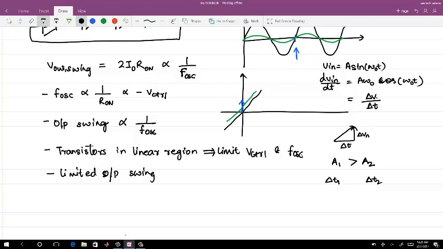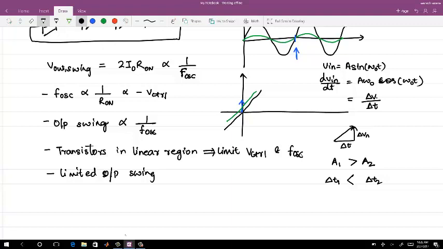This is a very rough way of explaining it, but this is how it will be if you apply any change here. You can calculate it more methodically, but this gives the idea. So if A1 is greater than A2, delta T1 will be less than delta T2.